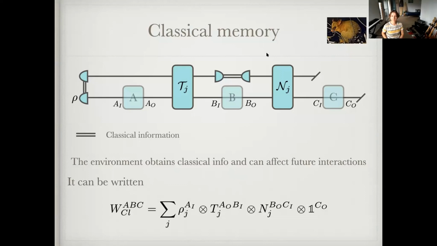Can N_j depend on the classical information about the past, or is it only the state of the environment that depends on the past information? Right, but the state of the environment is affected by the past information. Yeah, no, that's clear. But is N also affected by the past information, the actual transformation that's implemented?